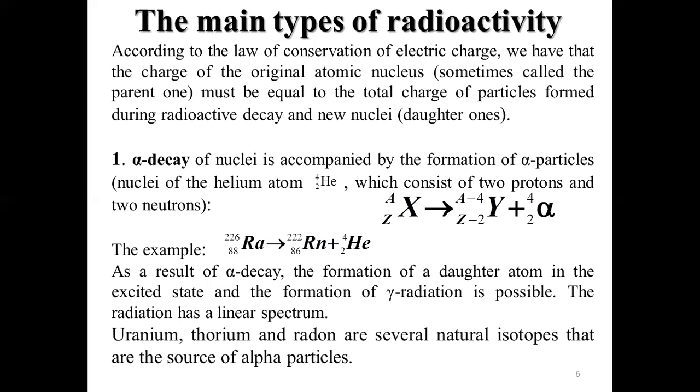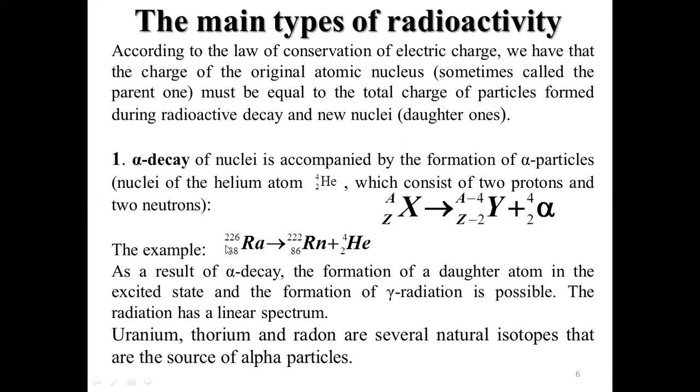What main types of radioactivity do we have? The first one, alpha decay of nuclei, is accompanied by the formation of alpha particles, nuclei of the helium atom, helium-4, which consists of 2 protons and 2 neutrons. And here you can see the schematic reaction for alpha decay.